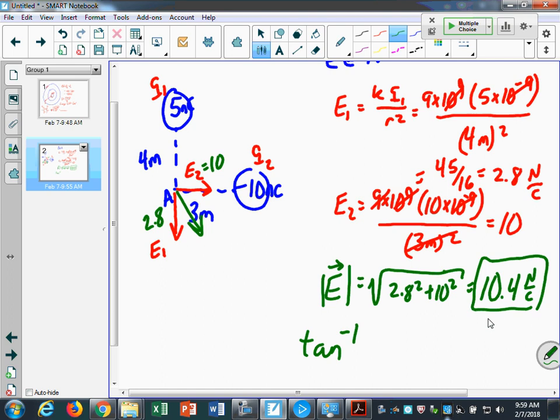The opposite is 2.8 divided by 10, and then whatever that is, that angle. 16 degrees? So it's 16 degrees below the plus x-axis.